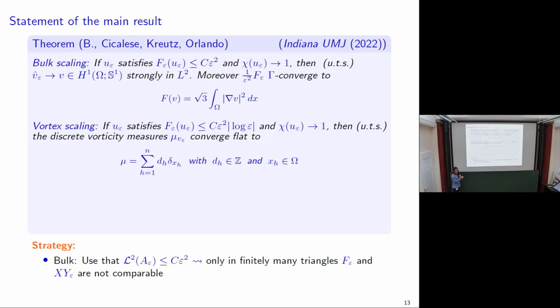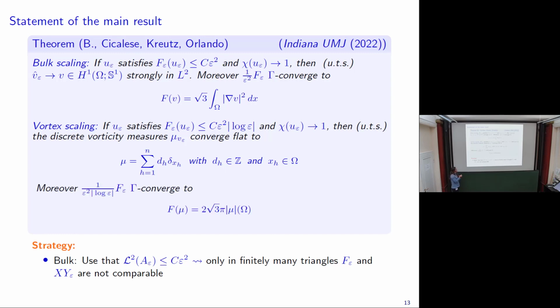So it's the same type of concentration on singularities as we saw for the ferromagnetic XY, although we don't get the optimal energy bound for the ferromagnetic in the transformed variables.